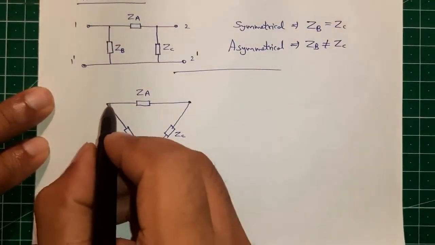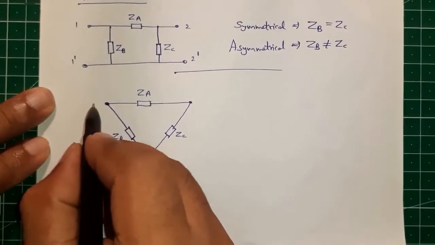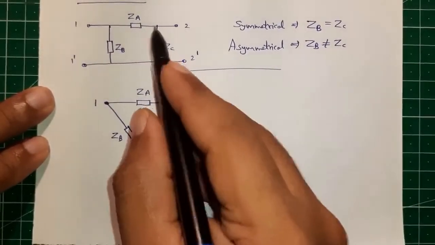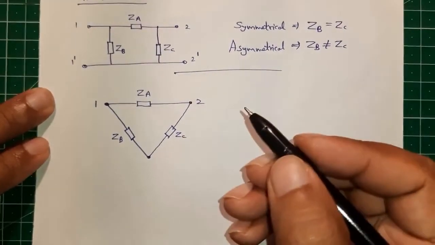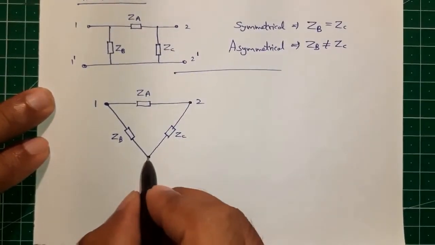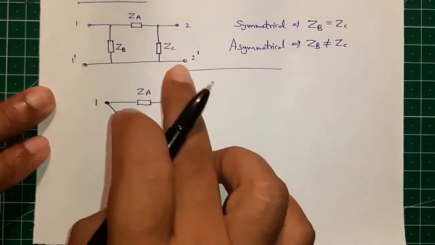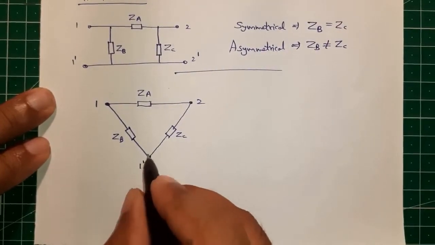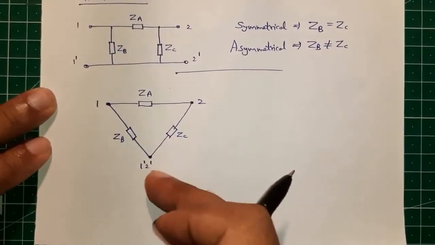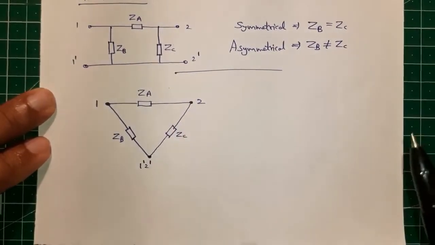What is this point? This is point 1, this is point 2. This point is a common point, 1 dash, 2 dash. It's combined together as a common point, common to both the input as well as the output side.